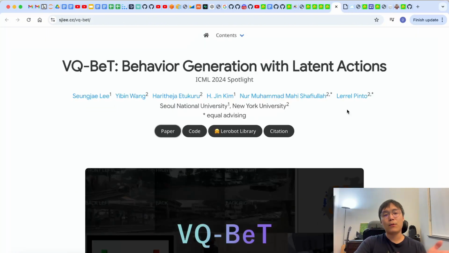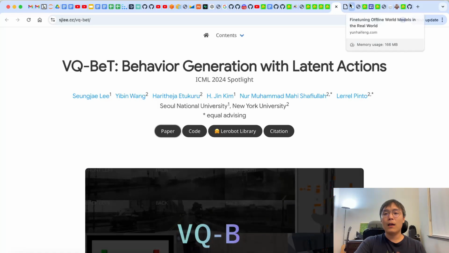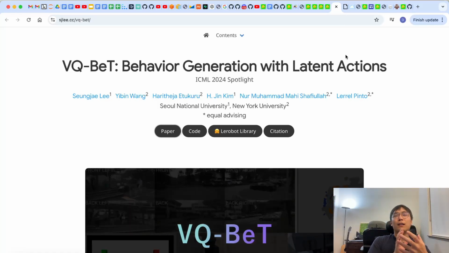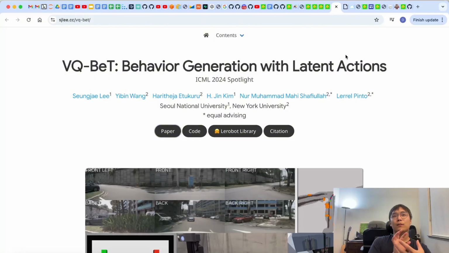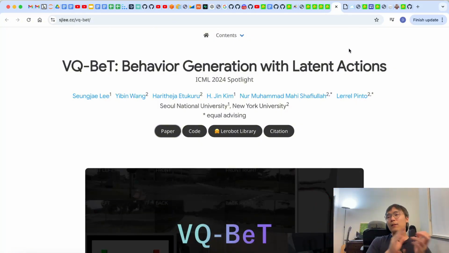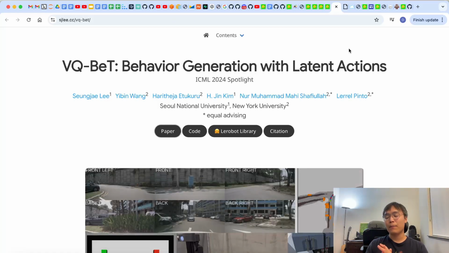And there's another paper called VQ-BeT. It's a little bit different approach. So these are the approaches that try to make a different architecture or model changes, right? And then there's another line of work that tries to use reinforcement learning.